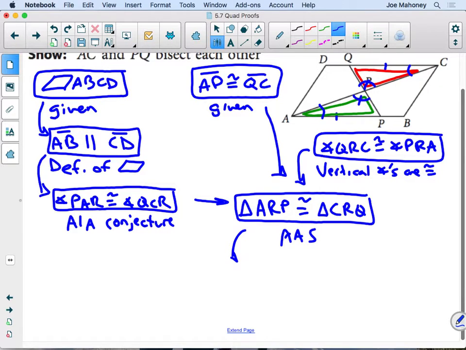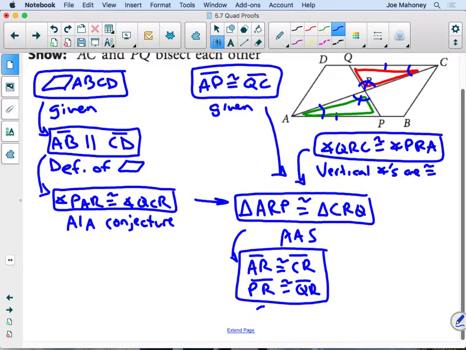So from here, the triangles being congruent lead me to say that AR is congruent to CR. And because it's the same reason, I'll put the same statement in the box, and I'll say that PR is also congruent to QR. All that is true by CPCTC.